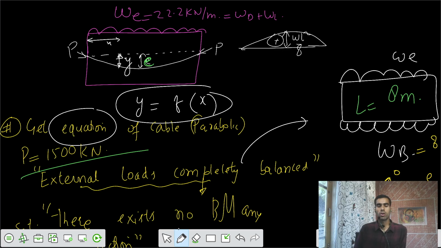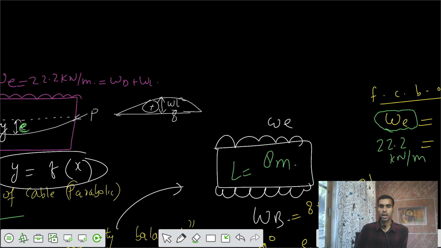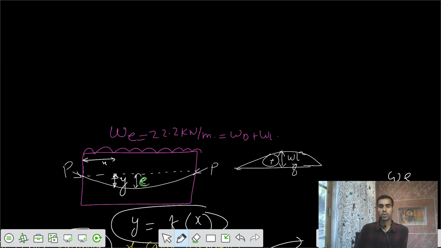Now I want the eccentricity of that cable for all values of x, at each location. So for that I have to get the equation, and we have also derived one equation for that. When I kept the right side as a reference, I kept this as origin.